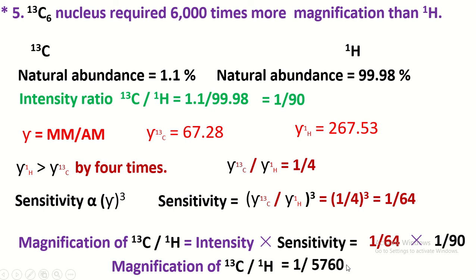Hence, the 1H peak is more intense, with more magnification than carbon-13, by 5760 times. That means the carbon-13 nuclei require 5760 times more magnification than 1H, which is approximately considered as 6000 times.